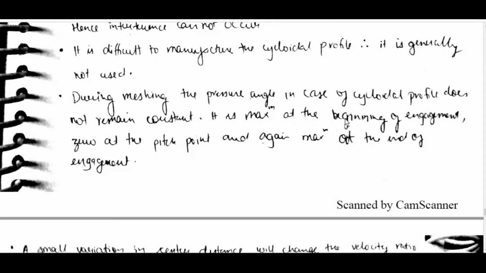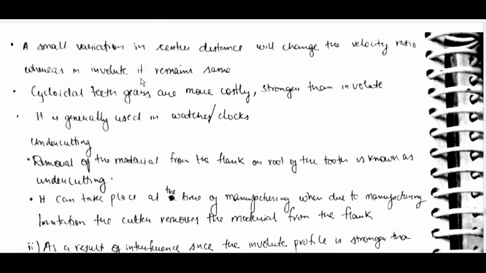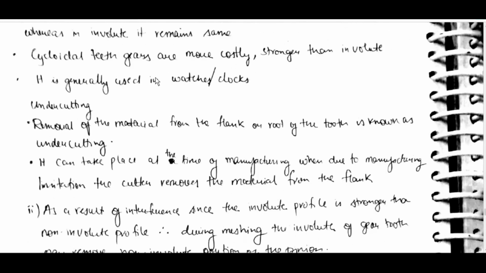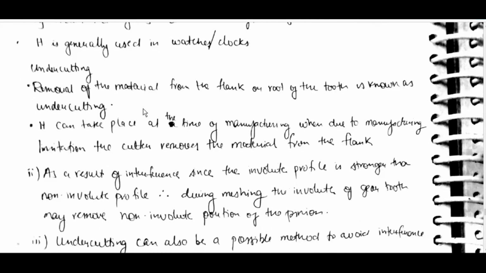It is maximum at the beginning of engagement and zero at the pitch point, and again maximum at the end of engagement. A small variation in center distance will lead to a change in velocity ratio, whereas for an involute profile it remains the same. Cycloidal gears are more costly and stronger than involute. They are generally used in watches or clocks.